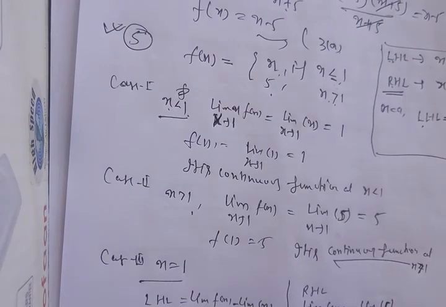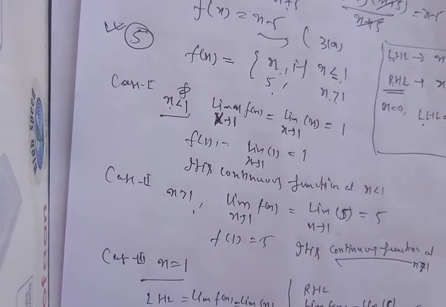The function is a constant function, 5 equals 5. So LHL equals 1 and RHL equals 5.